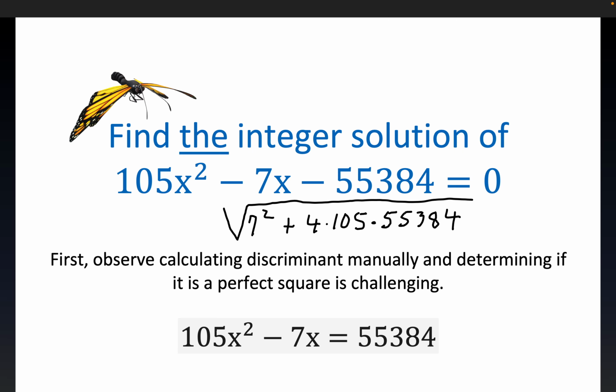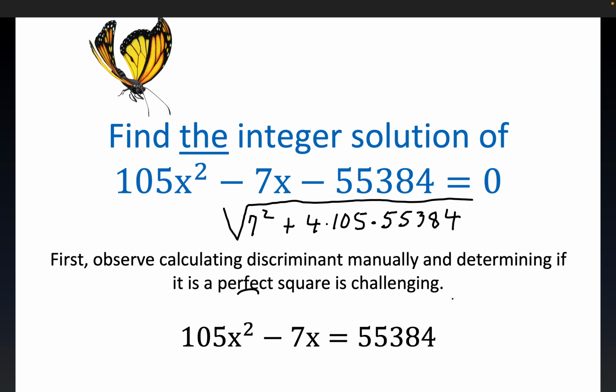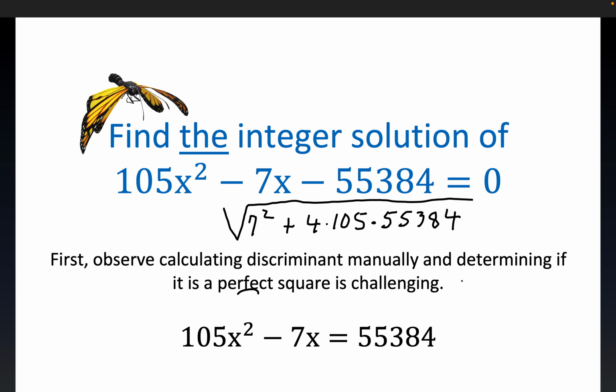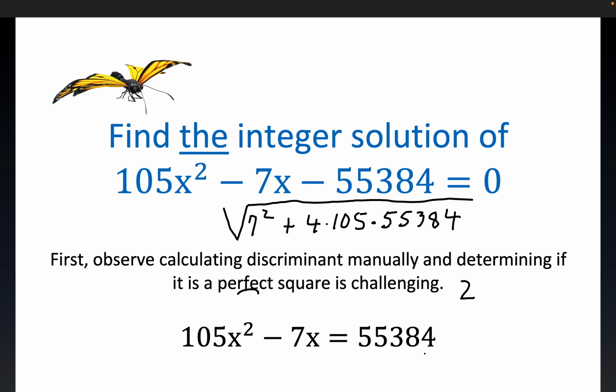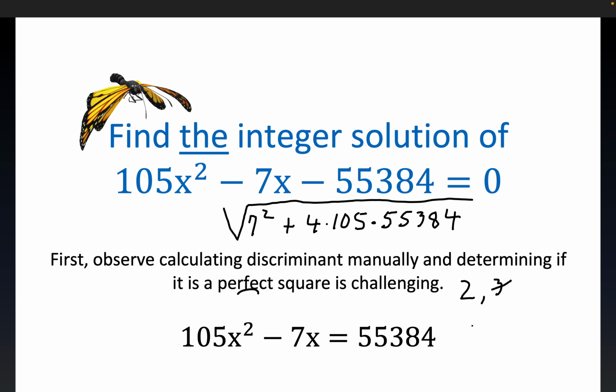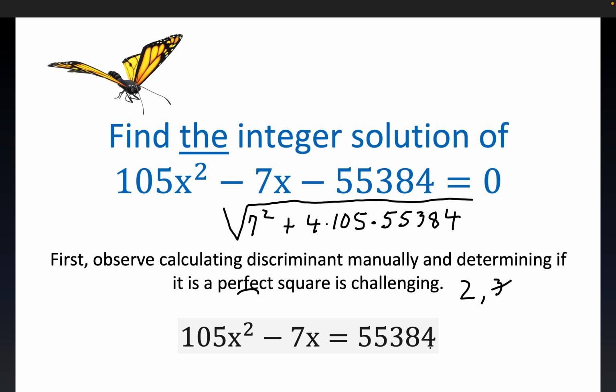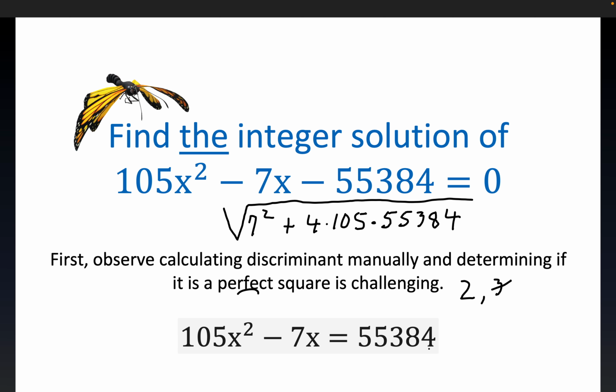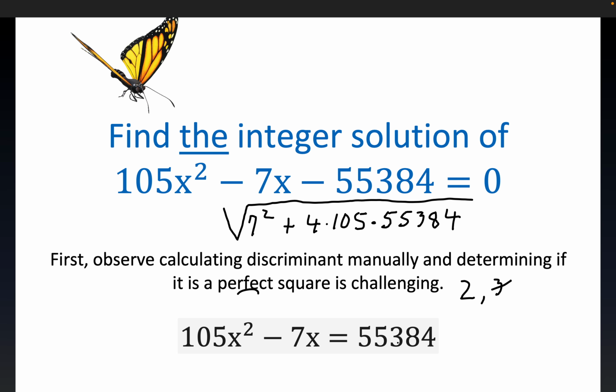Notice that it's definitely divisible by 2 clearly, because it's an even number. Now the sum of the digits tells us that it's not divisible by 3. You know that because you sum the digits here, 12 plus 3 is 15, 20, 25, which is not a multiple of 3.